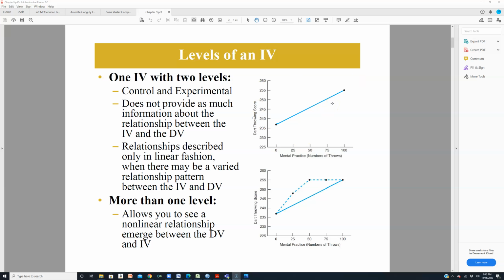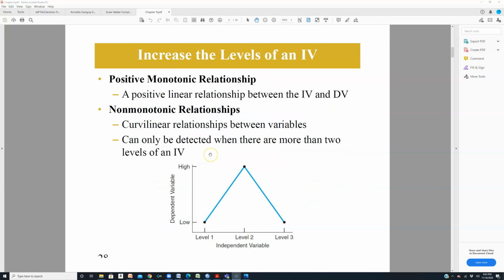If we build in different levels or different conditions, then we can see whether a nonlinear relationship exists. And you can only see that if you have more than 2 levels or conditions in a study.